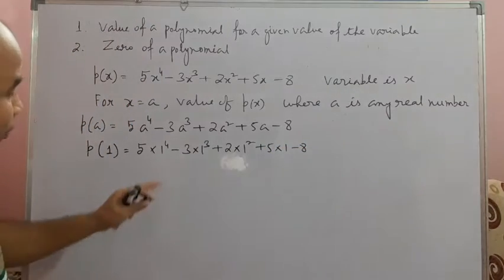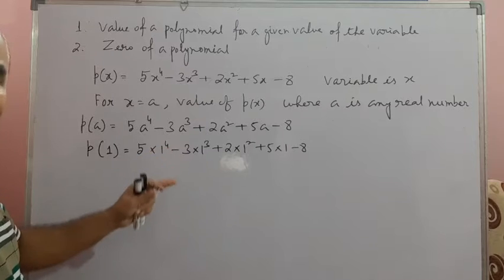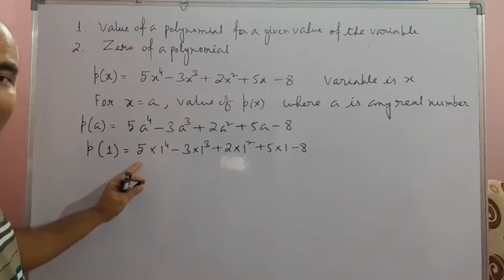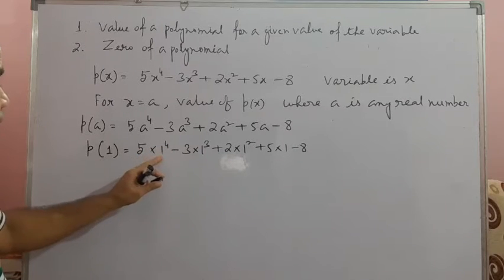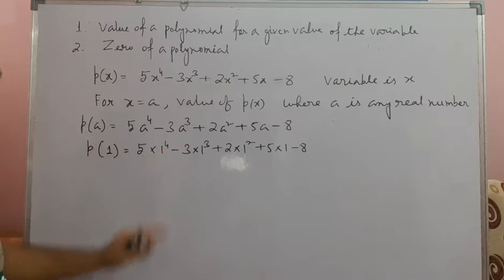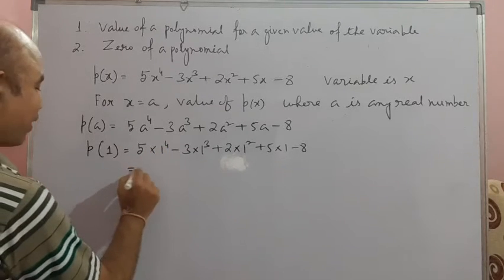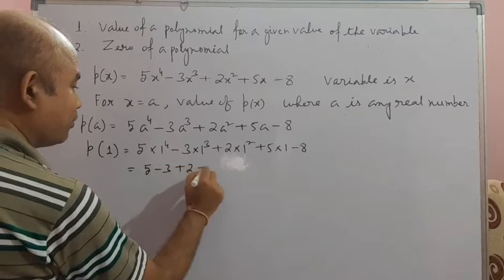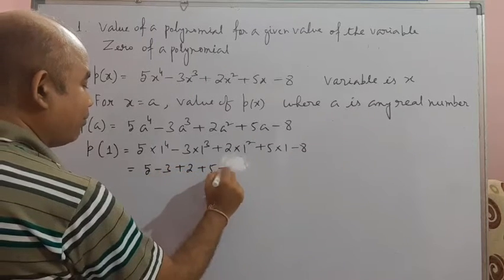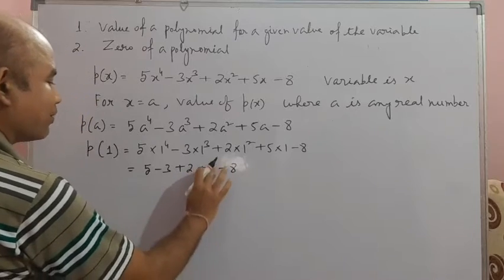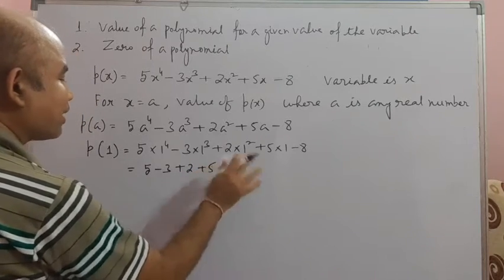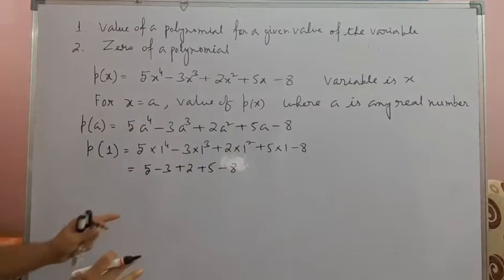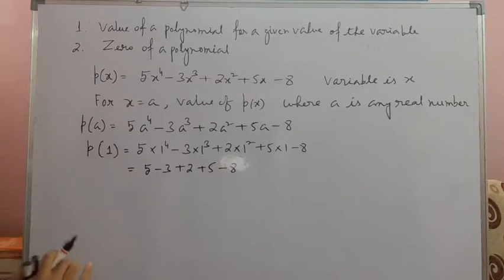As you know, 1 to any power is 1, and 1 multiplied by any number is the same number. So 5 into 1 to the power 4 is 5 into 1, which is 5. So the answer is 5 minus 3 plus 2 plus 5 minus 8. Your answer is also a real number. When I simplify it, I will get a real number.